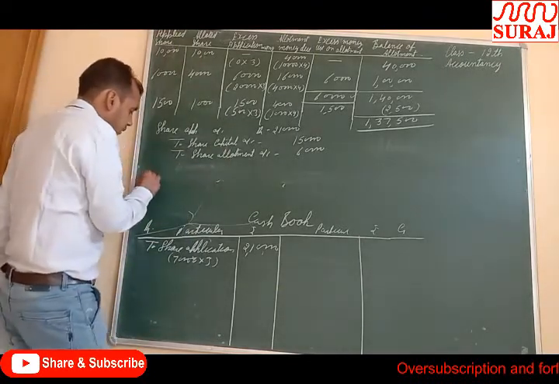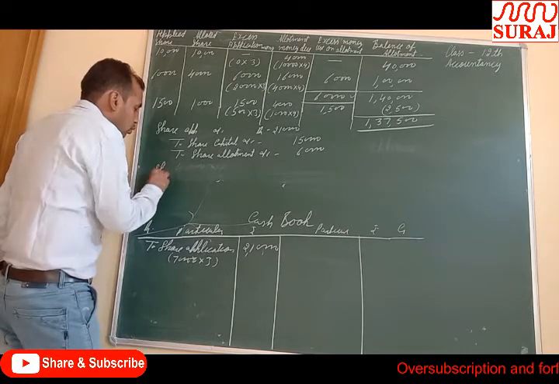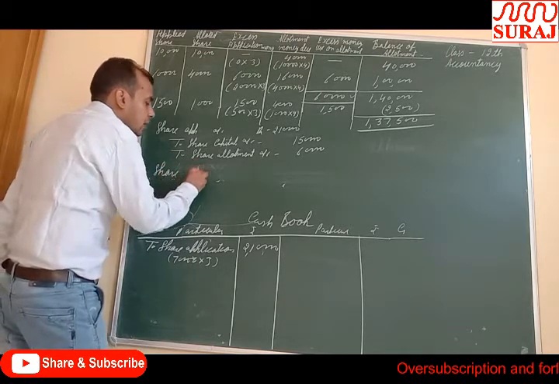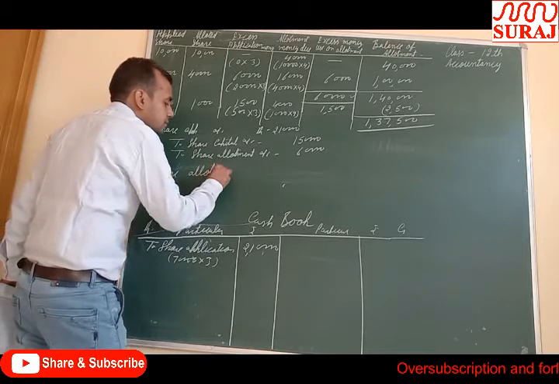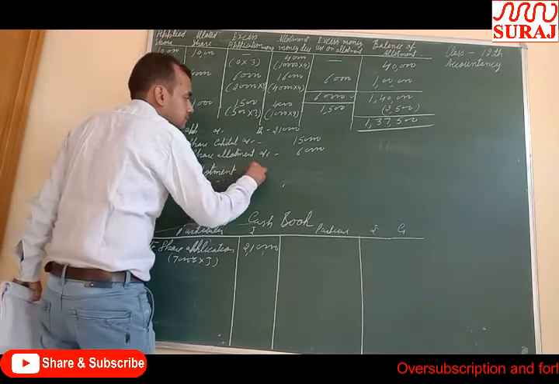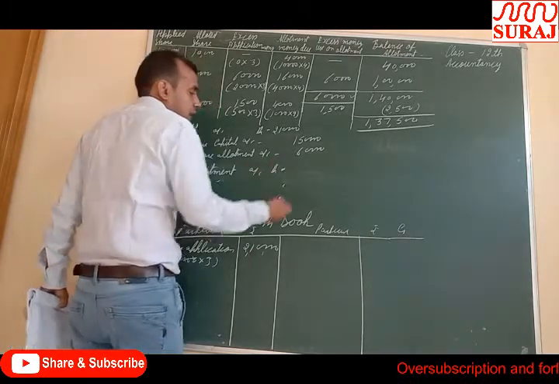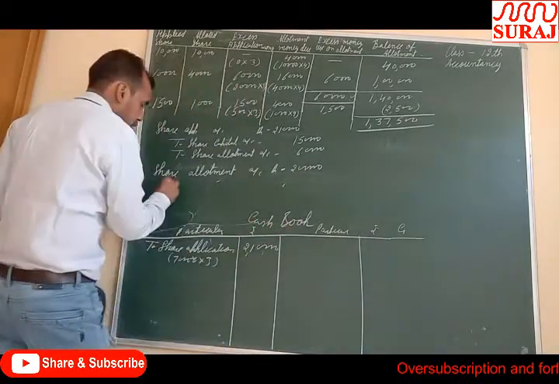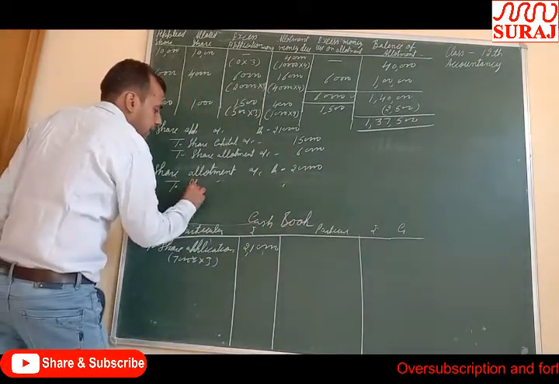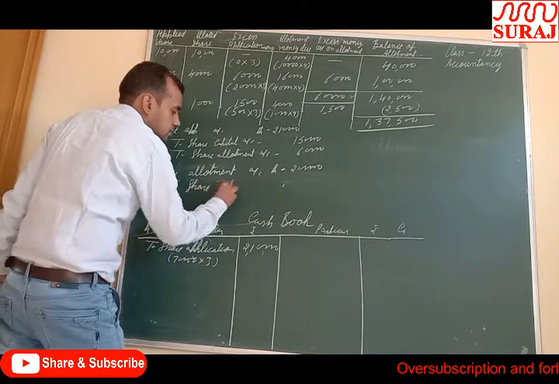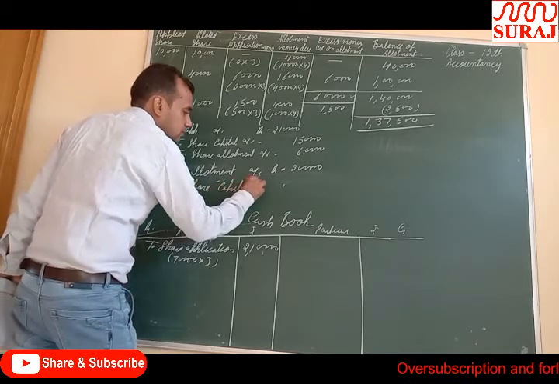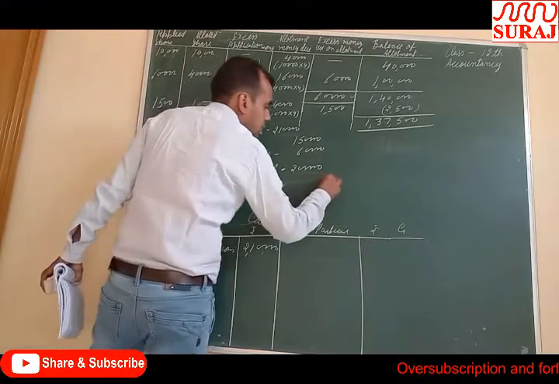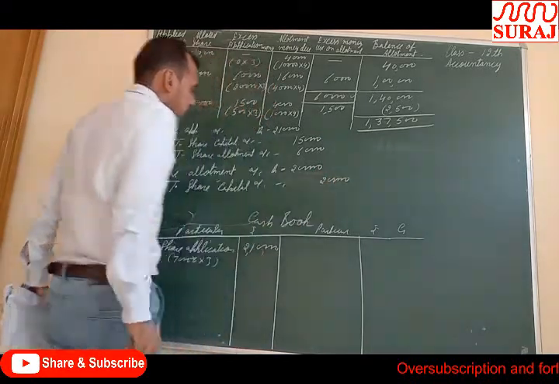Next, allotment money due. Share allotment account debit. On one share allotment 4, on 50,000 shares 2 lakh, to share capital account. What amount for allotment will be received?